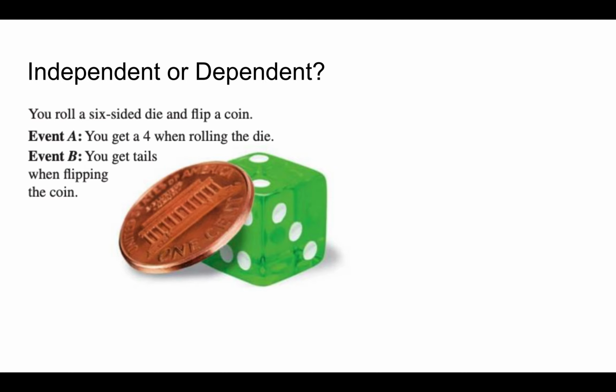So you roll a die and you get a 4. Is that going to change whether you get heads or tails when you flip a coin? No. Flipping a fair coin is always 50-50. There are always two equally likely possibilities, and what you do before that isn't going to affect it. So the first event does not affect the outcome of the second, and so these are independent events.